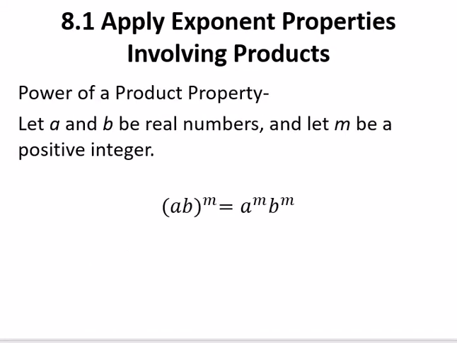So the order does matter in what we're trying to accomplish. So this is a power. We typically work from the outside in. Power of a product. So I'm raising a product to a power. Alright, and that means that both pieces here in this multiplication problem end up getting raised to the same exponent.